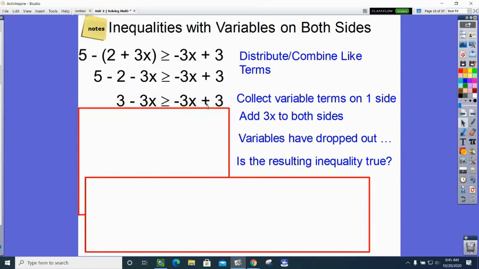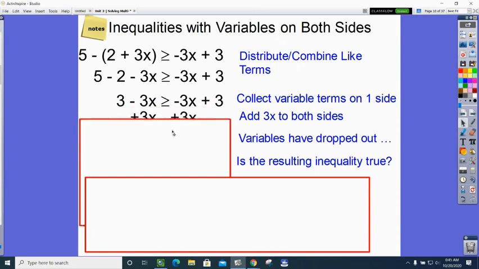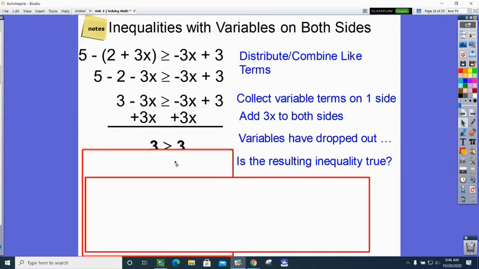And if you notice here for a second, if we were to change the order here, we've got the identical thing on both sides. But let's say you didn't notice that, and you go with your one choice, which is to add 3x to both sides, to combine the variable on both sides. And when you do that, you end up with 3 is greater than or equal to 3. And is that resulting inequality true? It is.